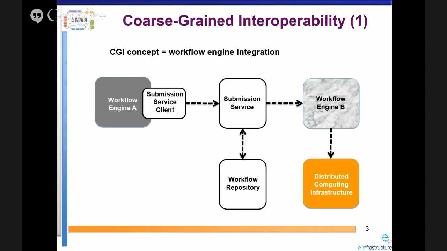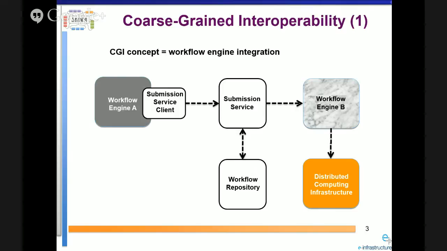First, we have to produce a description of the workflow and upload it to the repository. Then we develop the submission service. Previously it was Java, currently we have a new version. And we have to integrate the command line client of the submission service into the workflow engine.